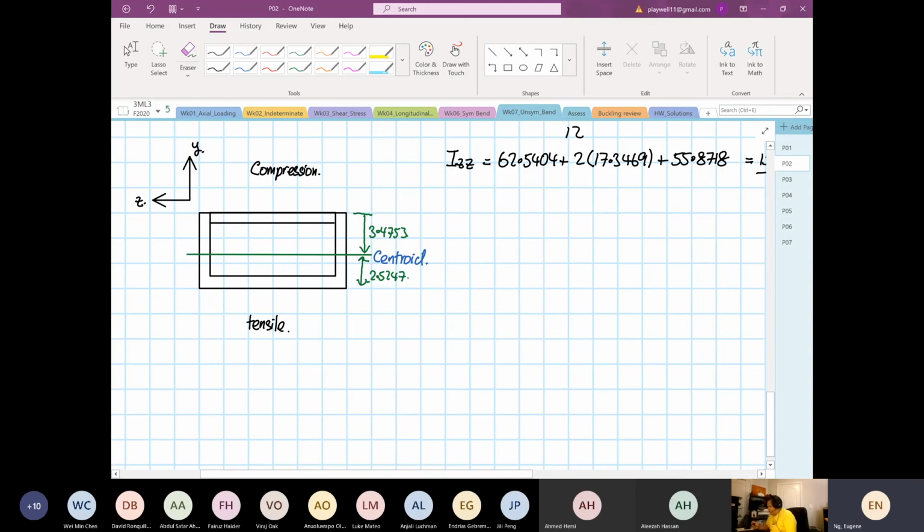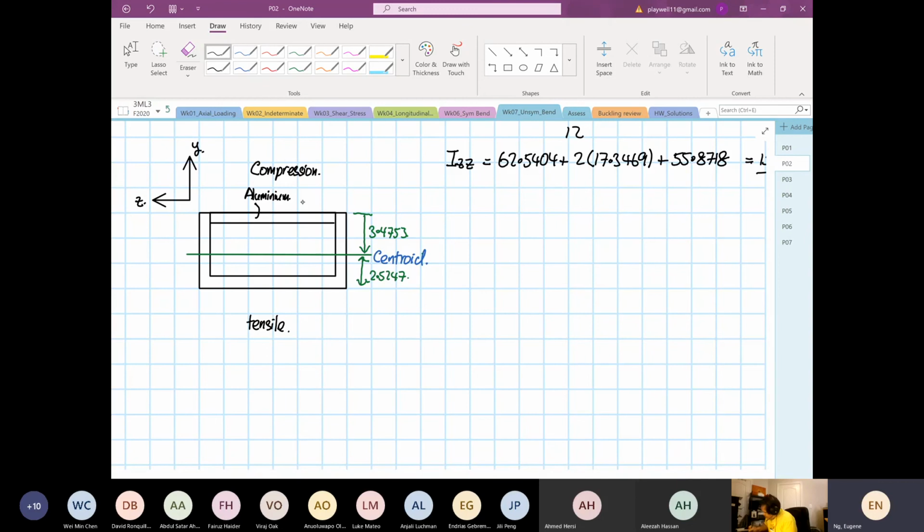Based on the distance from the centroid, our maximum is going to be on the compression side. So let's calculate for aluminum.